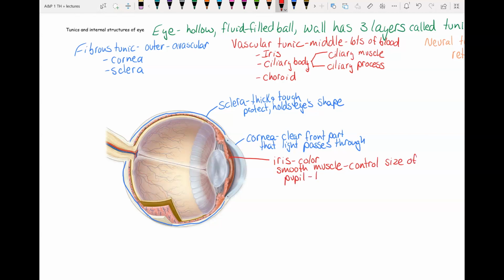So that adjusts how much light is let into the eye. So the pupil is just the hole in the center of the iris. If you look at the iris here, remember we're looking through its cut, so it's just half the circle, but the pupil is just the hole in the center of the iris.